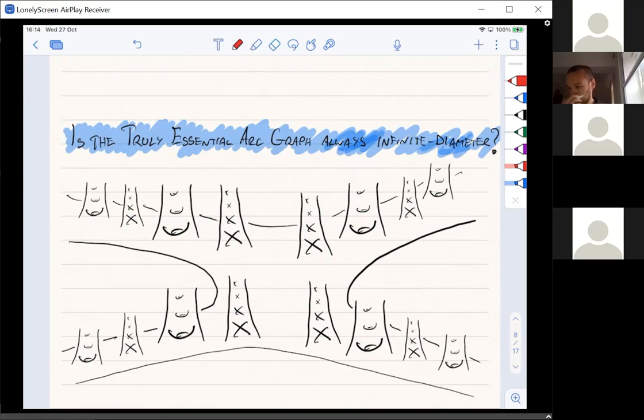And why is the essential arc graph on this surface not infinite diameter? The problem comes when you consider arcs that look like this, so they join one of these flutes to one of these monsters, one of these 2 towers together.